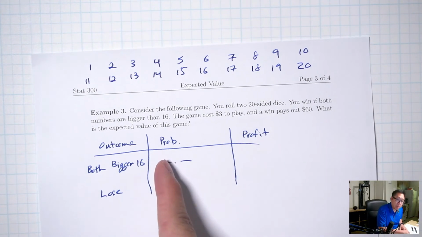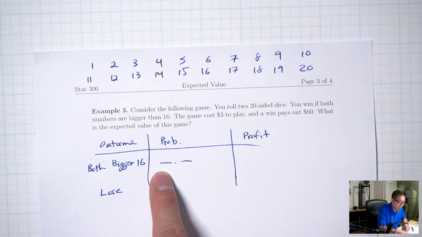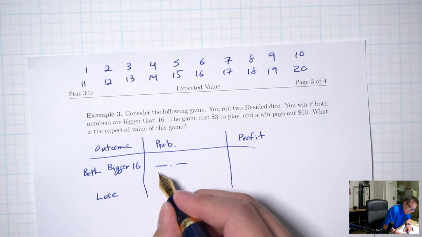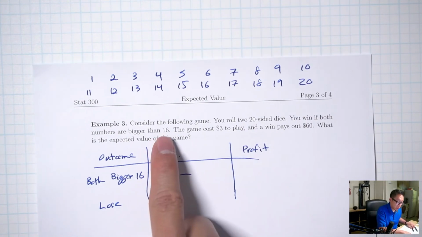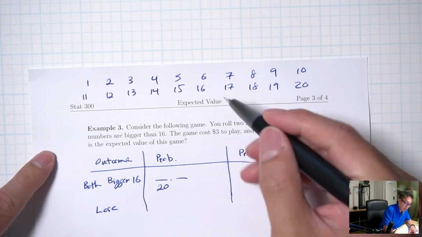So first one, I want it to be bigger than 16. Second one, bigger than 16. The bottom, how many numbers could I get total? It's 20. And how many numbers are bigger than 16? You don't include 16, so bigger than 16 would be 17, 18, 19, 20.